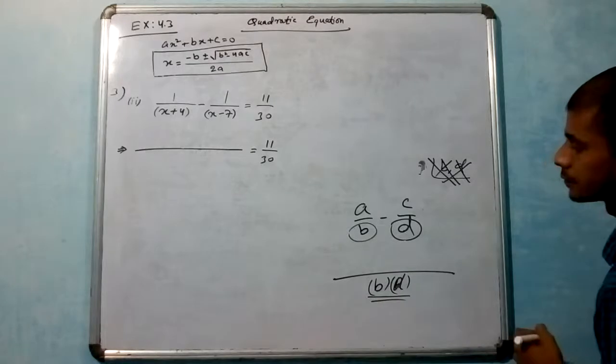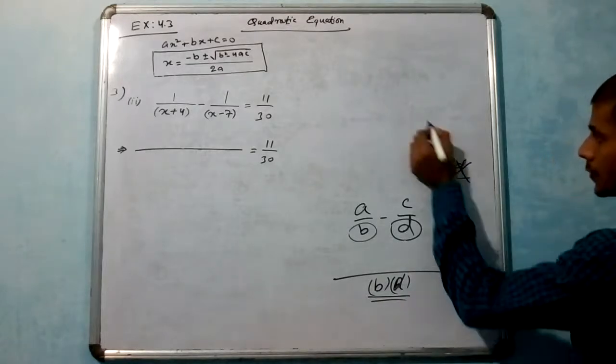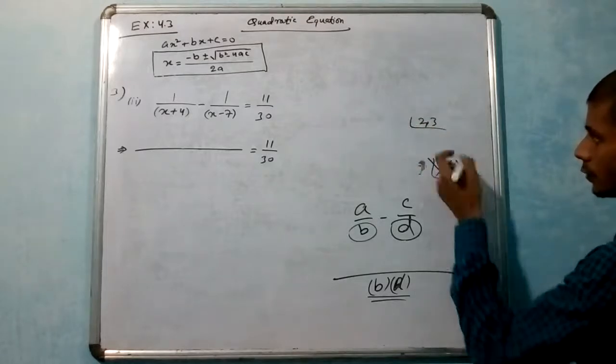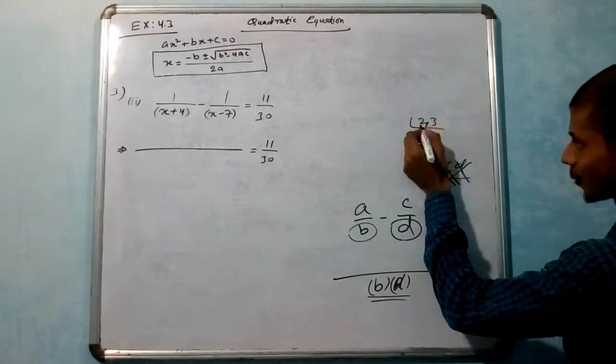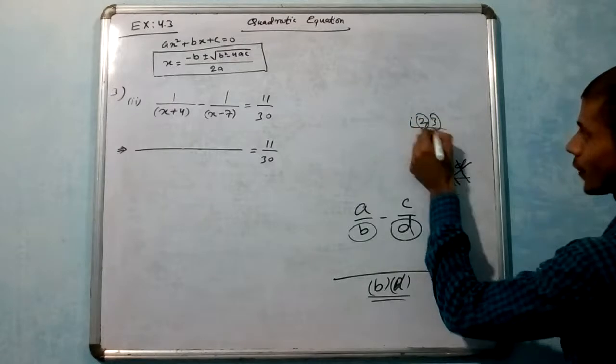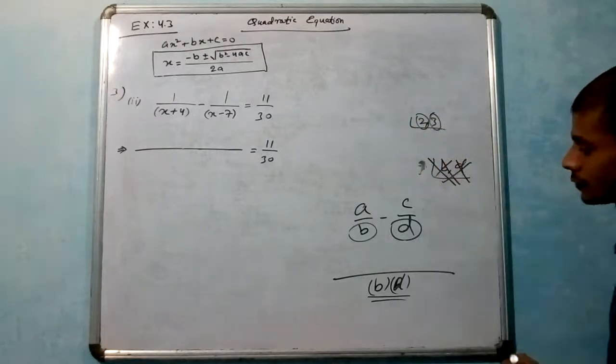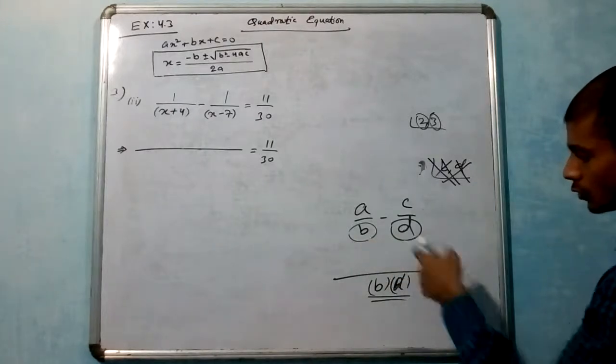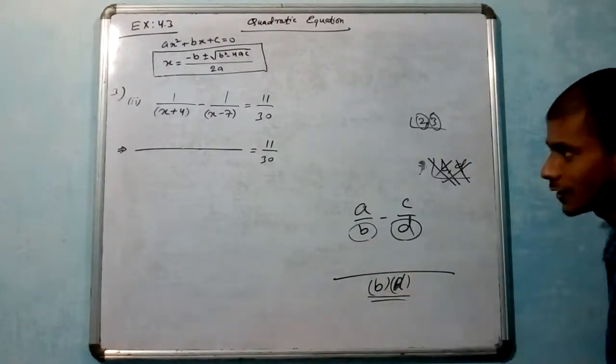That is the LCM. If suppose we have 2 comma 3, what is the LCM? We know their values, but they are co-prime. So for co-prime values, what are we doing? 2 into 3, that is the LCM. Just that, here b into d, we don't know its value. So b into d is the LCM here.